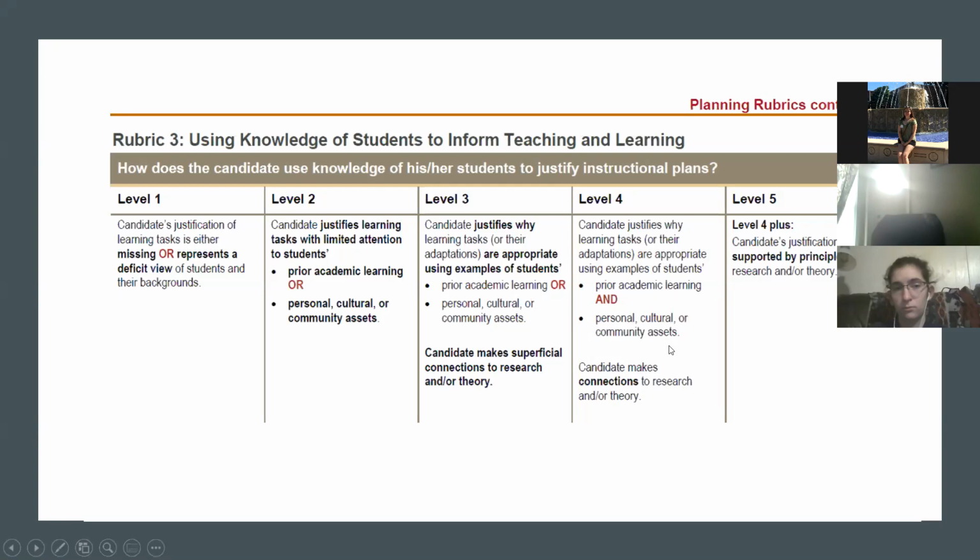So how do you connect that to who they are as students? Maybe you're teaching in a rural community, and so you want to talk about this in relation to the rural community that you live in. So for example, I observed a lesson in a community where a lot of people were owners of cattle, right?